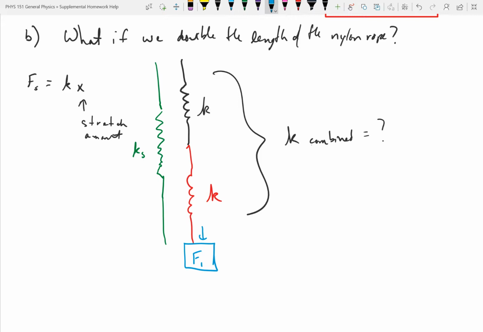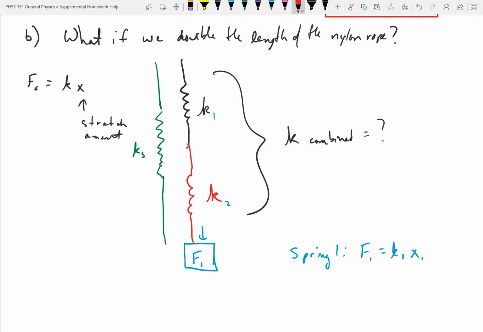How much does spring 1 stretch? What's the force going to be on spring 1? Tension. Okay, it'll just be the tension, which is F1, right? So for spring 1, we have force 1 is equal to K1 X1.